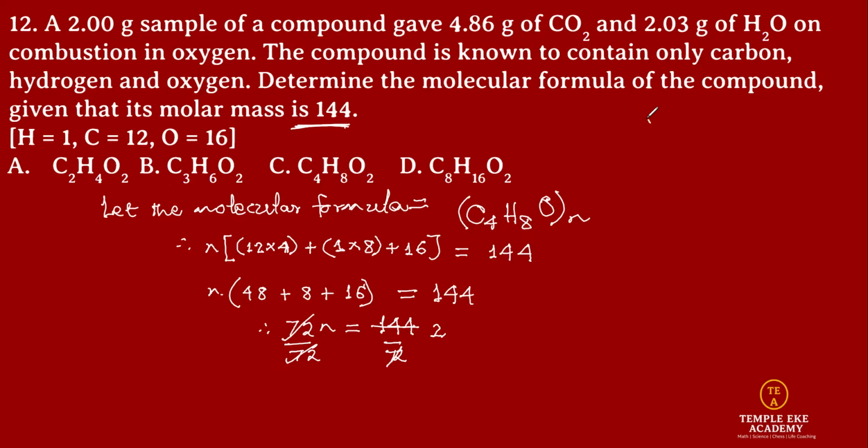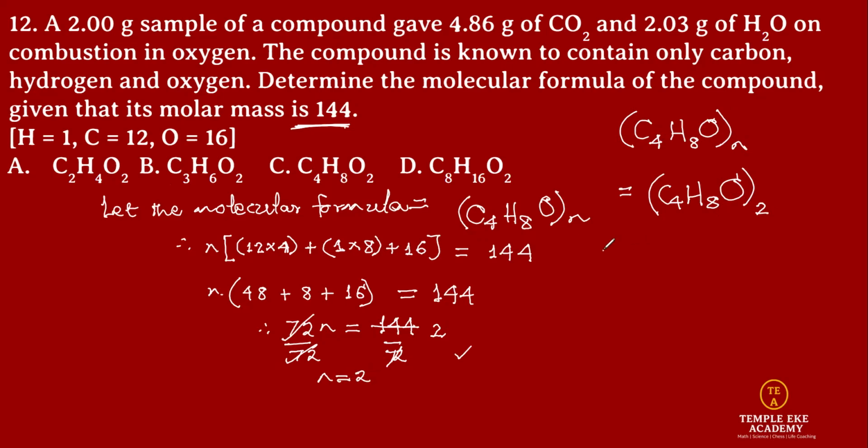The molecular formula being C4H8O multiplied by N translates into C4H8O multiplied by N, and now we have the value of N to be 2. So N is 2 right there.